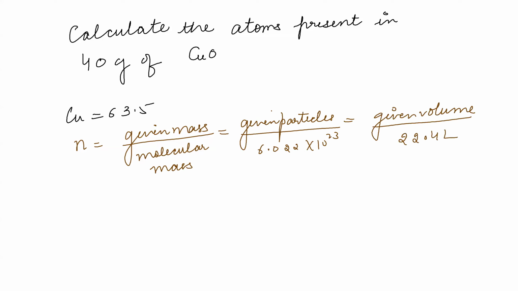Given mass here is 40. Molecular mass here is going to be 63.5 plus 16, so it's going to be 79.5. So given mass by 79.5 is given particles divided by 6.022 into 10 raised to power 23. Are we understanding?